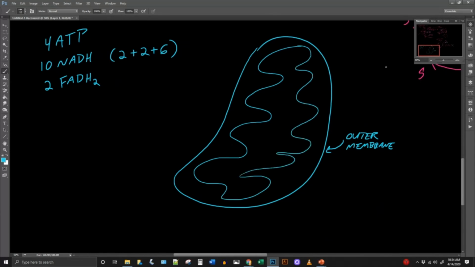Then we have this folded membrane, which is the inner membrane here. And inside, deep inside, is the matrix, right? That's the interior of the inner membrane.